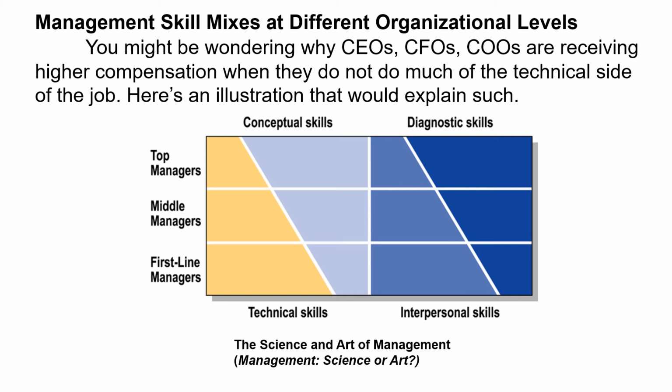However, for the top managers, they must have greater conceptual skills and greater diagnostic skills. So when you say conceptual skills, it is more detailed, more brainy, and also on the diagnostic skills.